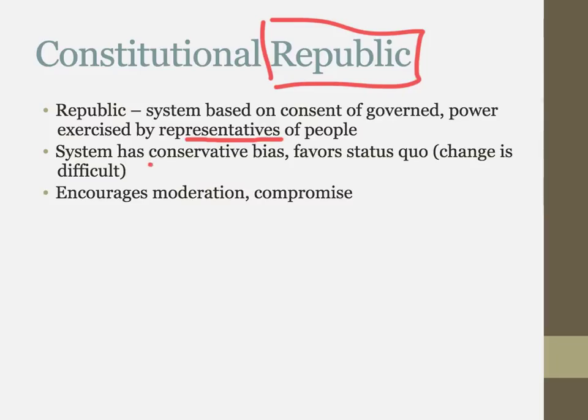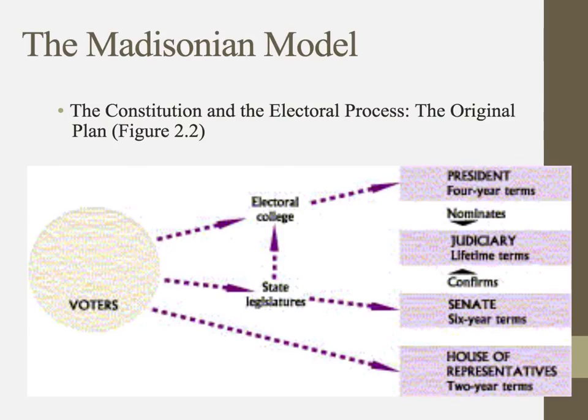It is conservative, not in that Republicans as a party tend to get more done. It's conservative in that it favors keeping things the way they are. Change is actually a rather difficult thing, and so what it encourages is moderation and compromise, so that there are no rash reactions under a system of government set up like this, that there's a deliberative process, and that's important.